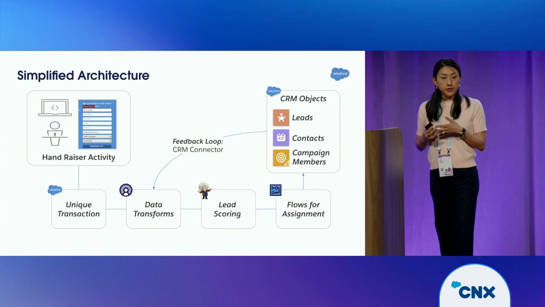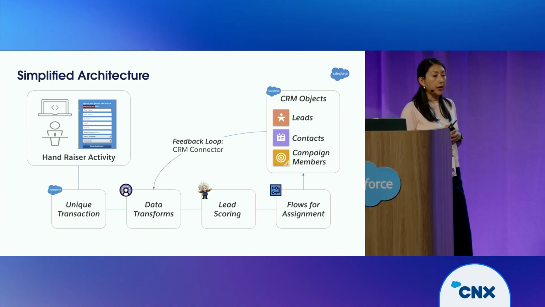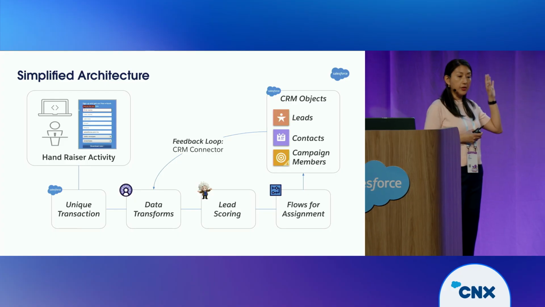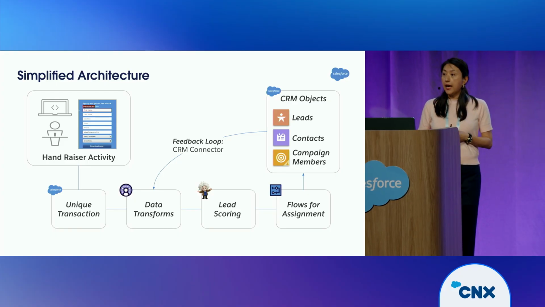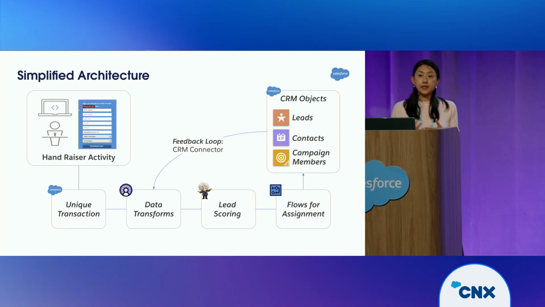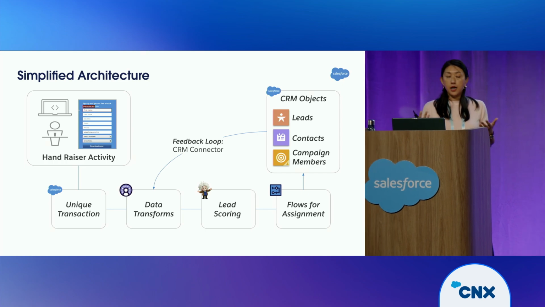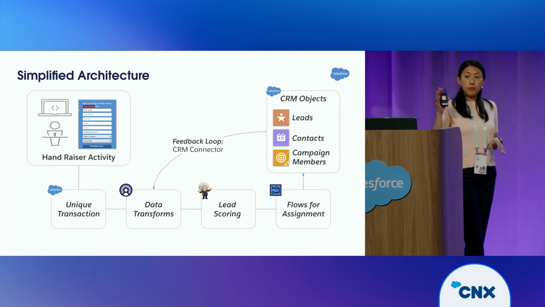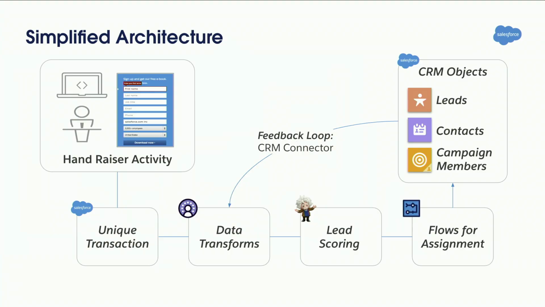So putting that all together, this is the simplified architecture. As I mentioned earlier, when a hand raiser activity happens, in the back end it creates a unique transaction record, a lead record. And that record is sent to a CRM org where Data Cloud is sitting.